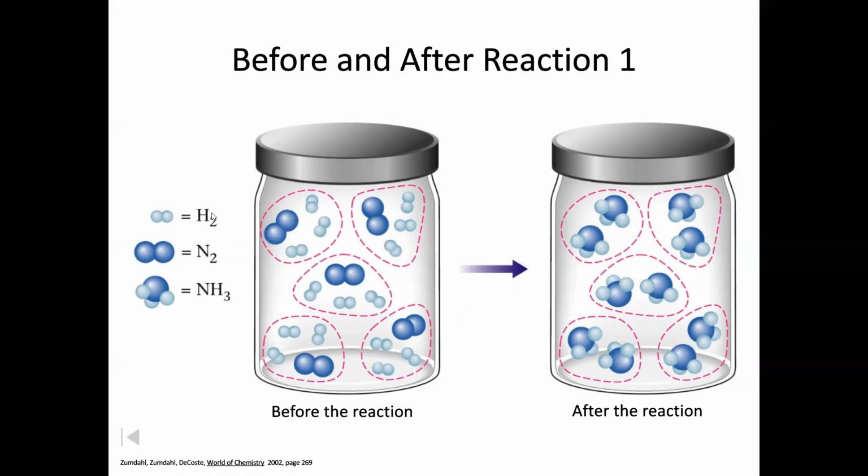And these are our hydrogens and our nitrogens, again making ammonia, NH3. It's one of the easy sample molecules that we work with. So you've got 1 nitrogen molecule and 3 hydrogen molecules, and that makes 2 ammonia molecules in the end.